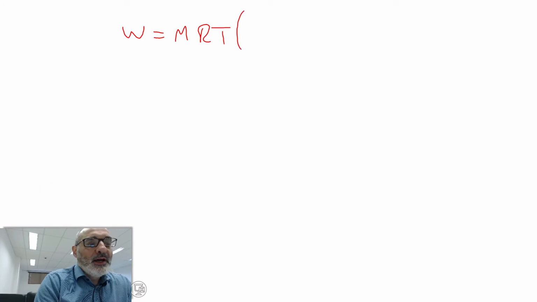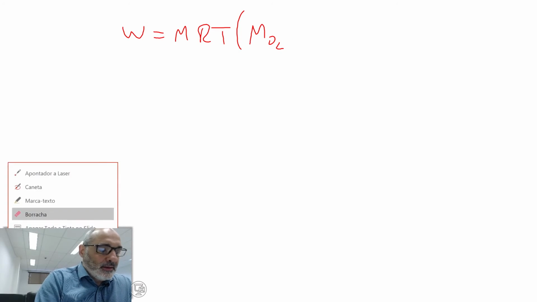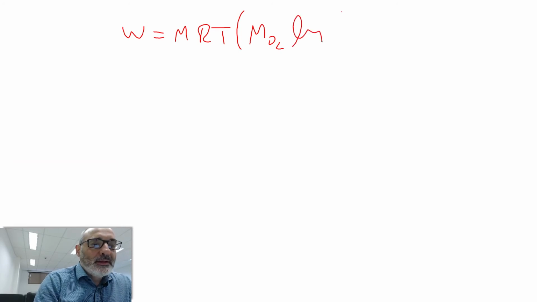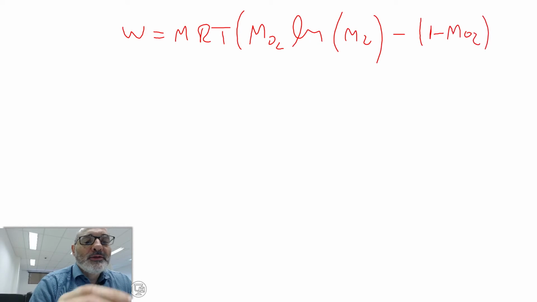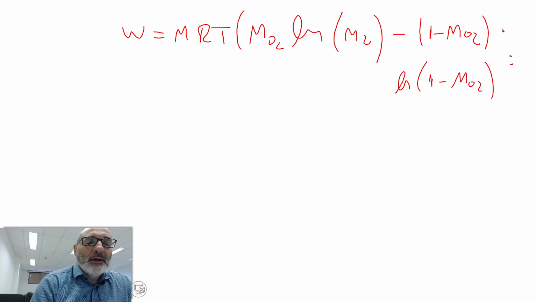So you have oxygen, O2, N_O2 ln N_O2, minus, and now, instead of writing the concentration of nitrogen, I'm going to write 1 minus N_O2, because 1 minus N_O2 is the concentration of the other component, times the natural logarithm of 1 minus N_O2, okay?